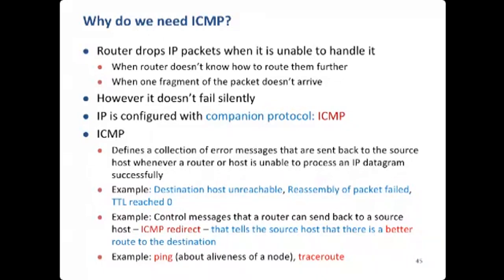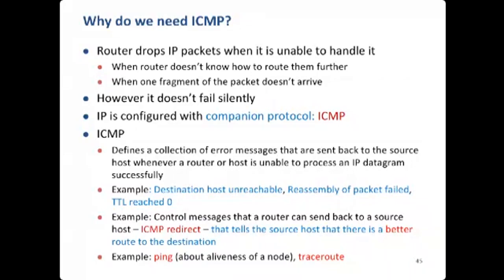Or when TTL has reached 0: the number of hops you defined in the beginning, say 5, and there are 5 routers in between, then at the 5th router it becomes 0 and it will discard the packet, but it will send you a message, right? Or routers are intelligent and a router may inform your machine that there is a better route available to the destination, rather than using me as the gateway, you can use another gateway. That's called an ICMP redirect message.